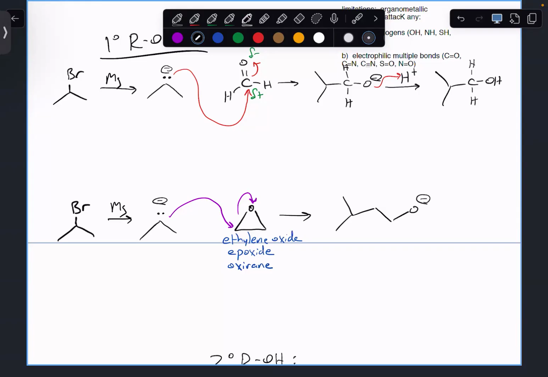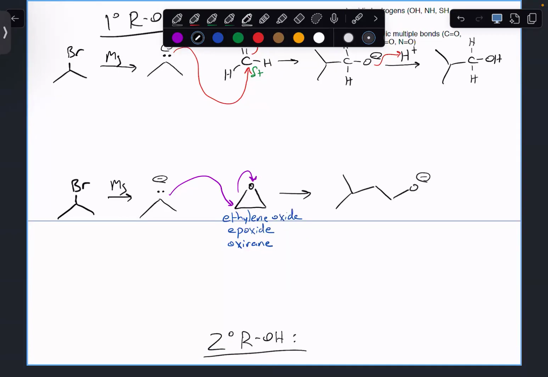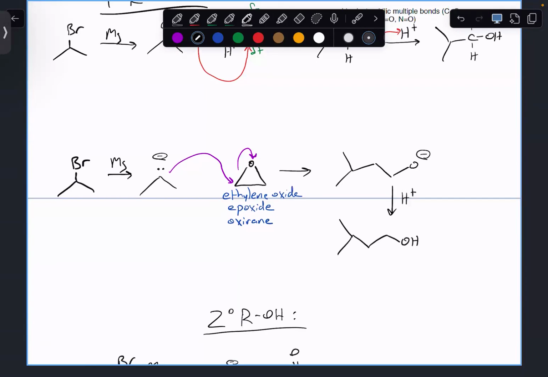And it gives you that O minus species again, and that, like the case before, is just going to hang out until you give it some acid. And when you do, the resulting product is another primary alcohol.